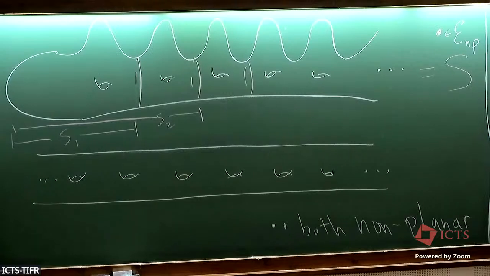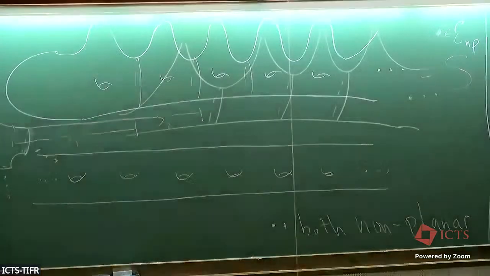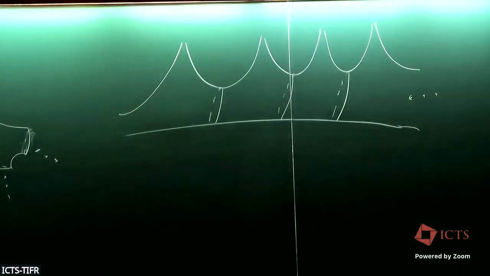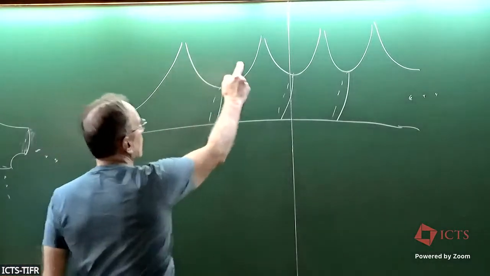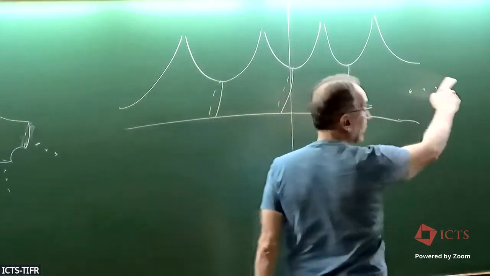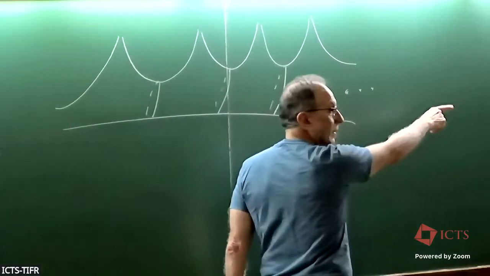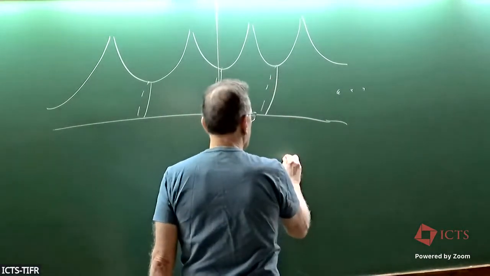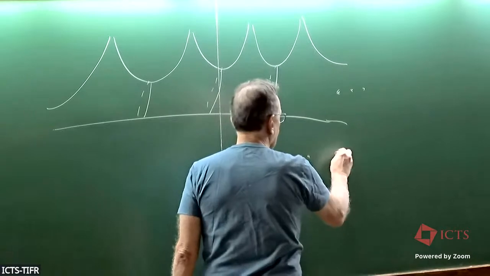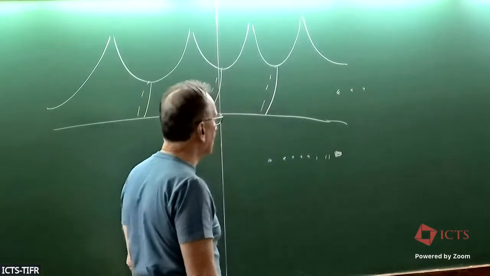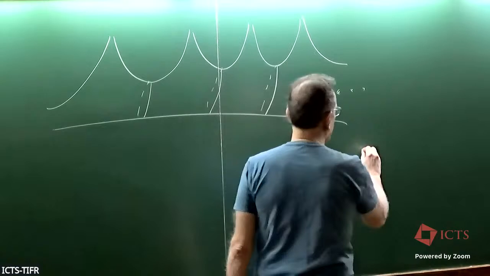How about the flute surface? There's countably many ends. These each correspond to an end, and they converge to that special end out there. So it looks like this. Here's the special one. And they're all planar. There's no genus here.